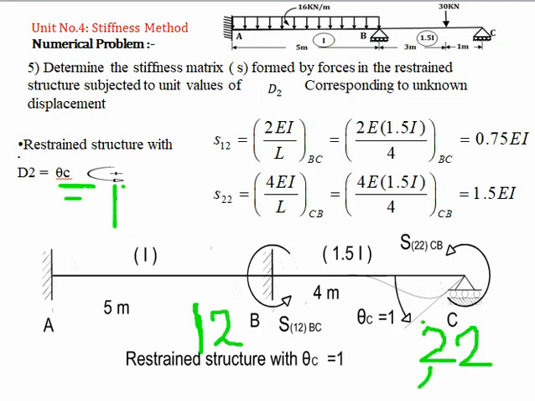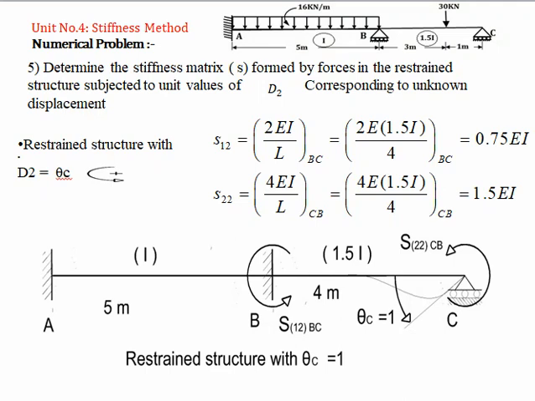What happens at place 1 and at location 2 due to this? It gives us S12 and S22. S12 is 0.75 EI and S22 is 1.5 EI. That means we get the second column of the matrix.